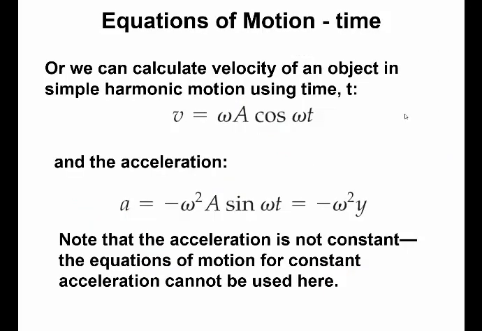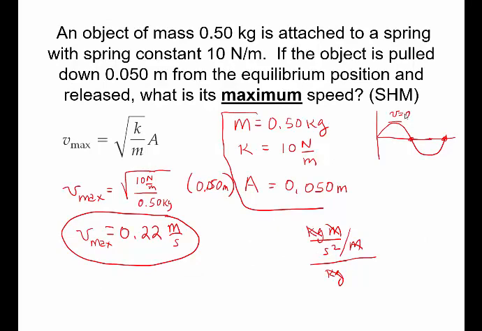So here we have an equation of motion where we are looking at the velocity in terms of time. And we could look at the acceleration. We know our velocity is changing because in my displacement versus time graph, my slope is changing.